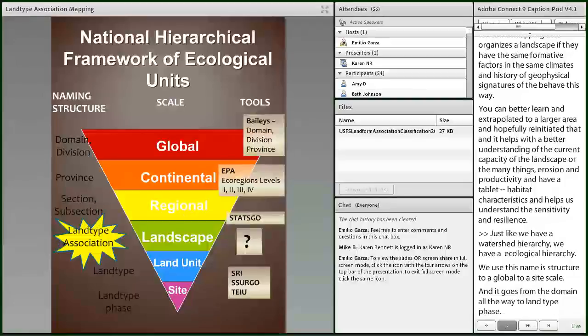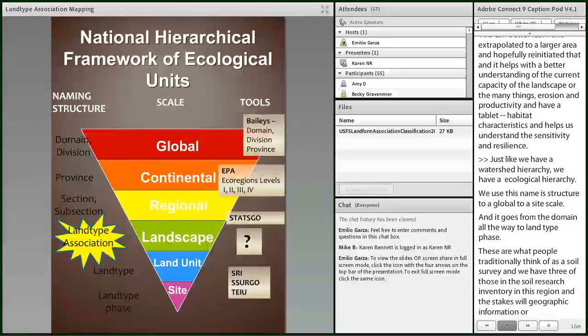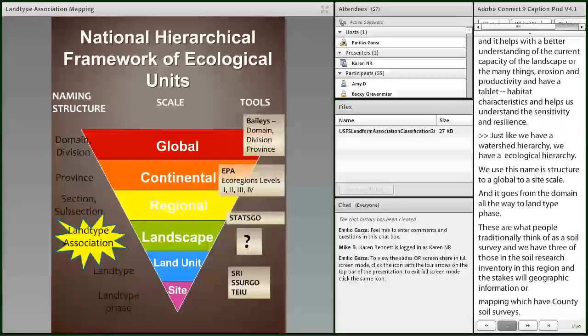And we have 3 of those. We have the soil resource inventory in this region, the state soil geographic information, or the STATSGO mapping, that's your county soil surveys. And we have a terrestrial ecological unit inventory, which is what the Forest Service calls a soil survey. So it brings in and kind of melds vegetation and soil information, which any good soil survey would have done anyway.